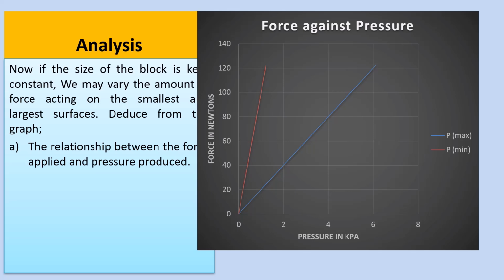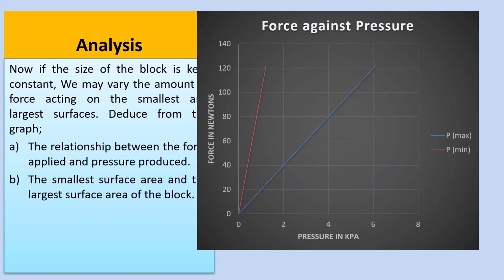So essentially take the equation pressure equals force over area, then make force the subject of the formula, then write it in the form y equals mx plus c. That will give the equation or the relationship.